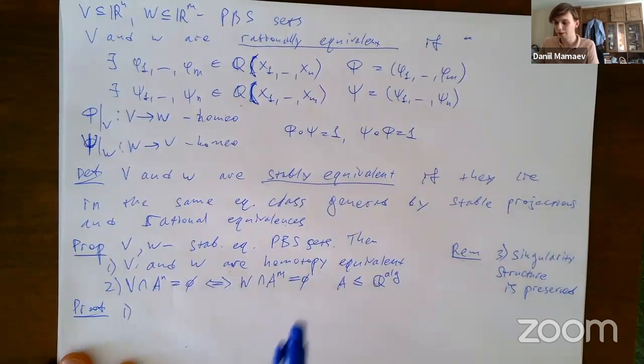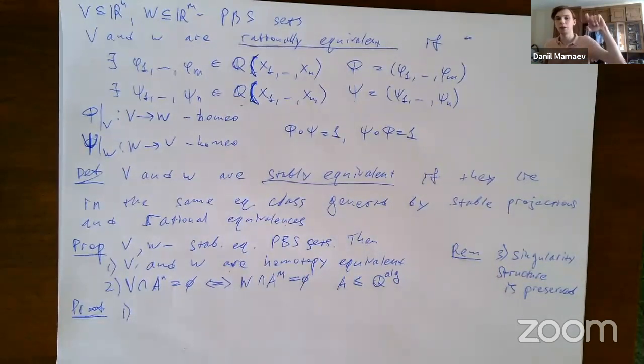So for homotopy equivalence, it's really easy. Rational equivalence is just a homeomorphism, so there is nothing to prove. And for stable projections, as we said, we have a fiber over a point. It's just the interior of a convex polytope. So let's construct a section to a stable projection.